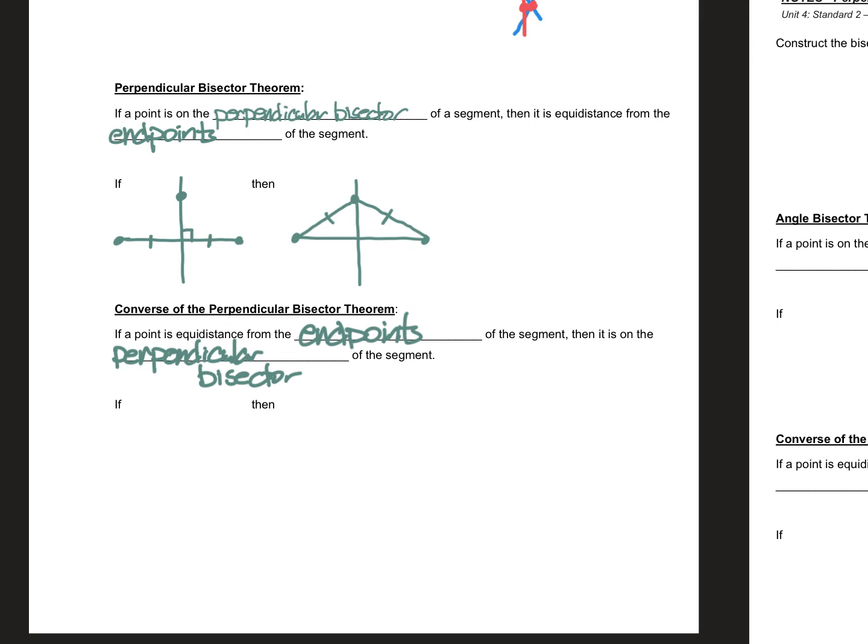All right, so how we're going to use this is if we have two lines that are intersecting, and we know that a point on one of the lines is equal distance from the endpoints of the other line, right? If we know this, then we can determine that this is true, that these are congruent, and actually we'll put this in here as well.